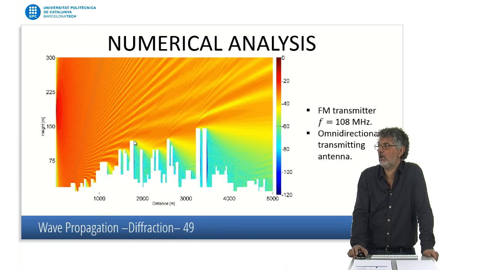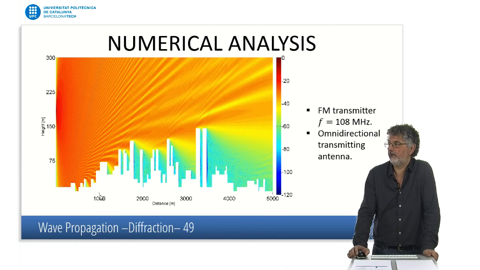And we can see also how multiple diffraction can occur. For instance, the diffraction caused in this building is then diffracted by this building, and that gives the overall reception.